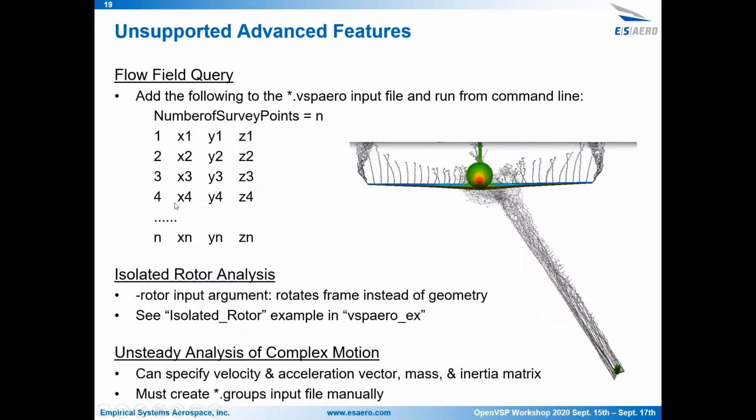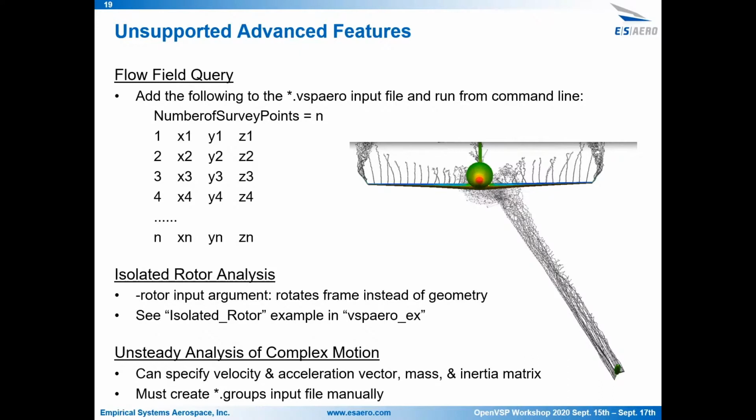The last couple of things on here are features that currently are not supported in OpenVSP, but you can still run through the command line or by modifying VSPAERO files yourself. One of them is the number of survey points option. You can add XYZ coordinate points of where you want to query the flow velocity.